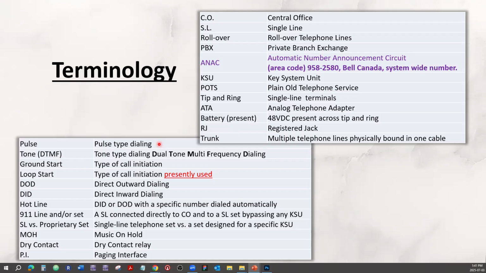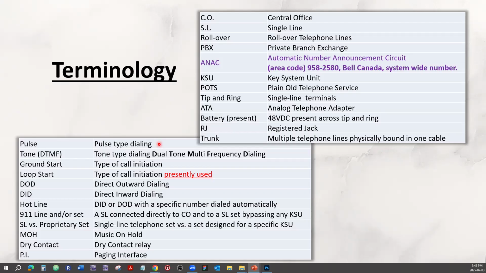Now, with automatic dialing, where the dial tone was introduced, the way the telephone set communicated with the central office for dialing the numbers was by sending pulses, and there would be just a line interruption with a certain speed.